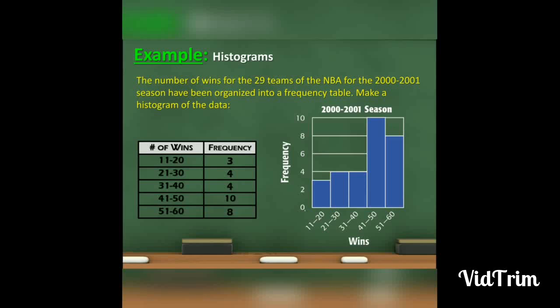In the second row, we have the number of team wins of each category. 3 teams won in this category, 4 in the next category, and so on. For the range 11 to 20, the frequency is 3.